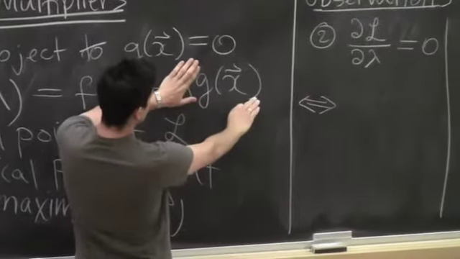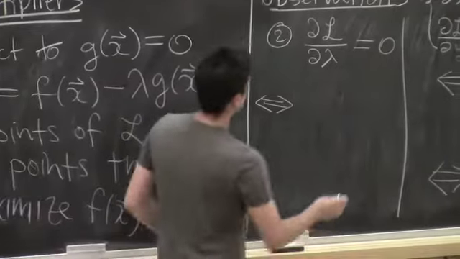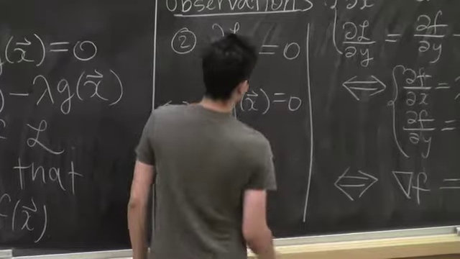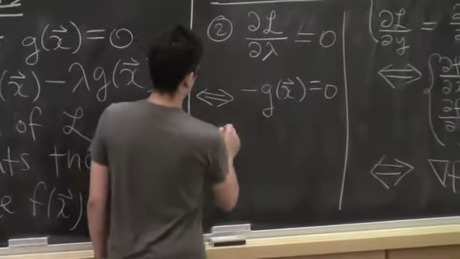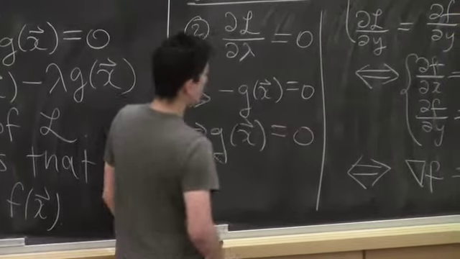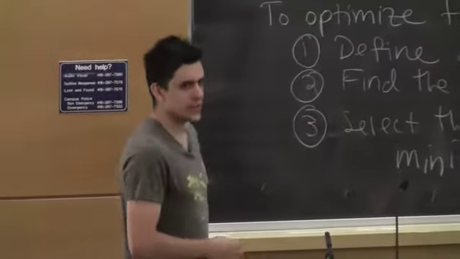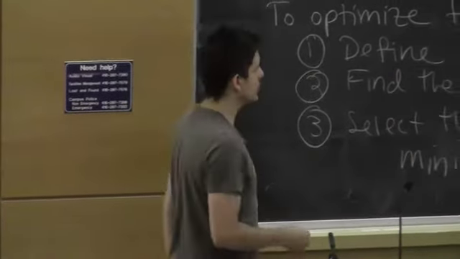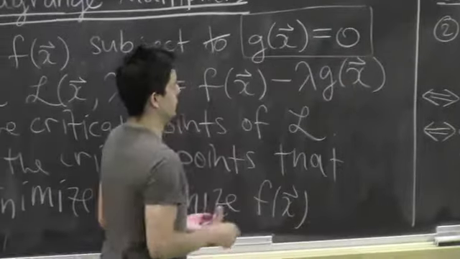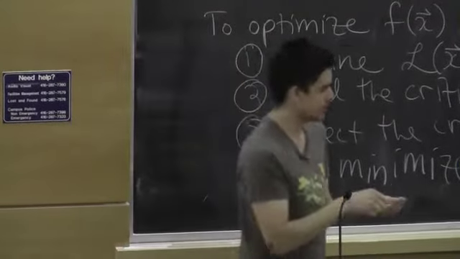There's no lambdas in here, so the only lambda we care about is this one. So that tells us negative g of x is 0. Or g of x is 0. Okay, so that's why we set up our constraint so that it equals out to 0 here. Okay, the satisfying that constraint is built into the system.